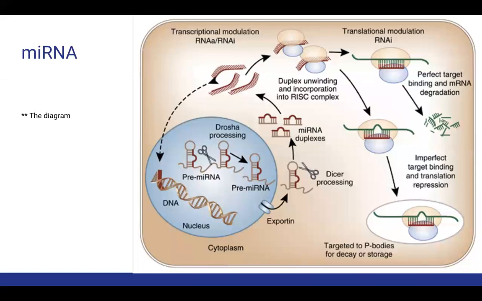Not all the base pairs might exactly match, but this will end up leading to the RNA being stored in the P bodies, in this part right here. So if it's an imperfect target, it'll send the mRNA target to the P body for decay or storage.